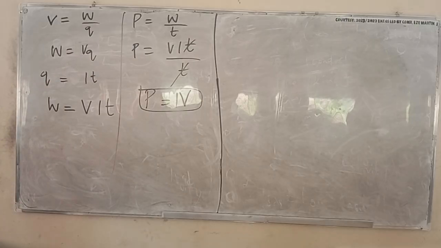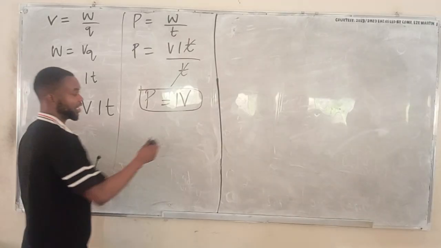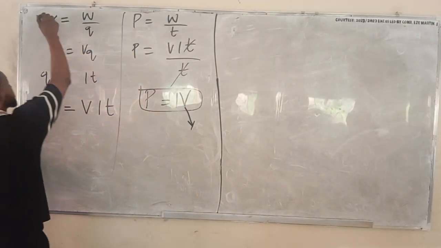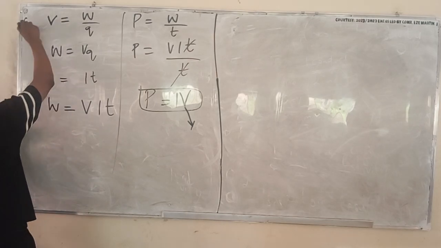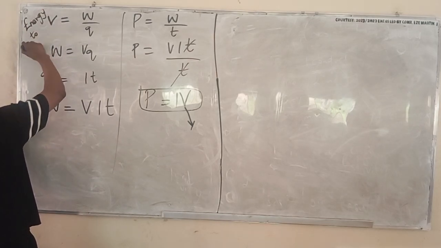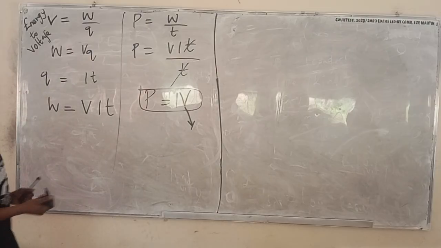Now, comparing voltage to power. Remember voltage, according to Ohm's law, comparing power to Ohm's law, sorry. So this one is energy to voltage. Sorry, this is energy to voltage. Comparing energy to voltage, we got from there to this point. Then we know that charge is.